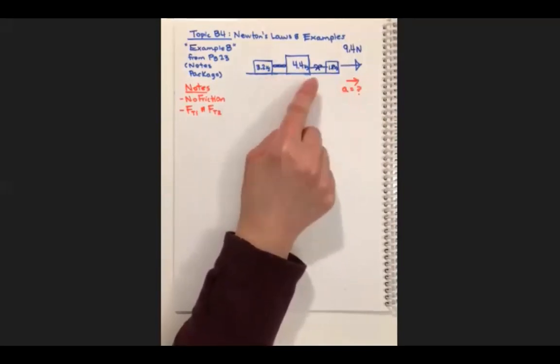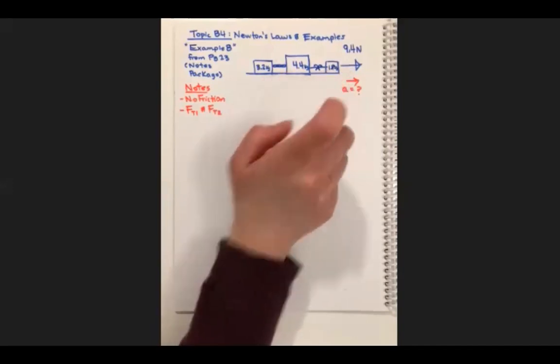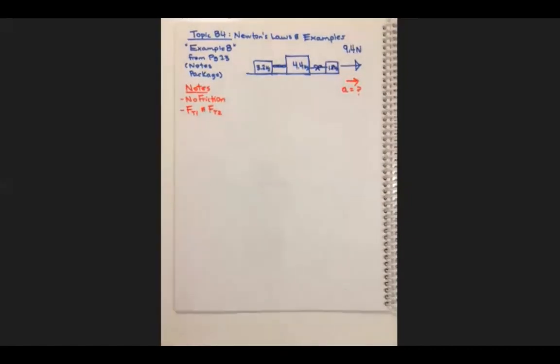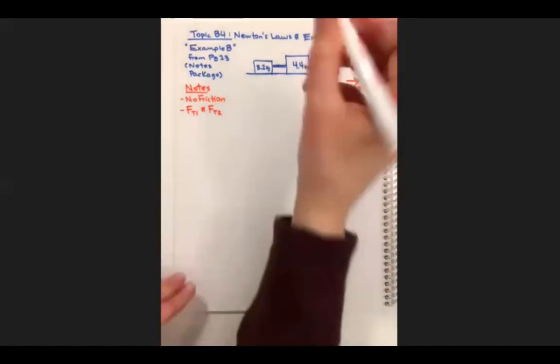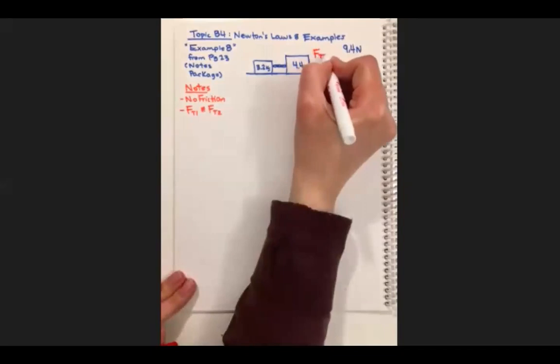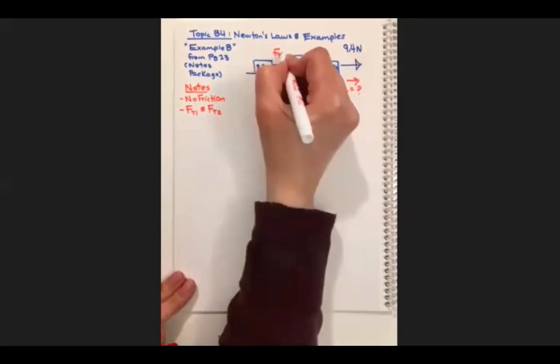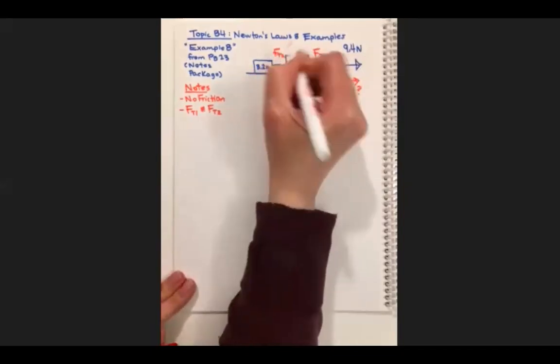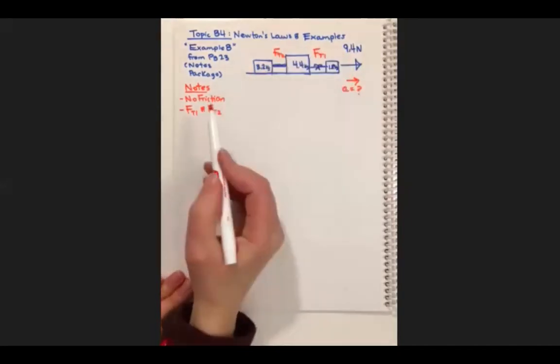And I tried to draw one as a chain and one as a rope just to emphasize the fact that they are different tensions. So we're going to call this one FT1 and this one FT2 if we have to solve for those. We're also noting there's no mention of friction, so we're going to assume that there is no friction between the surface and the objects. The question is, what is the acceleration of the blocks?